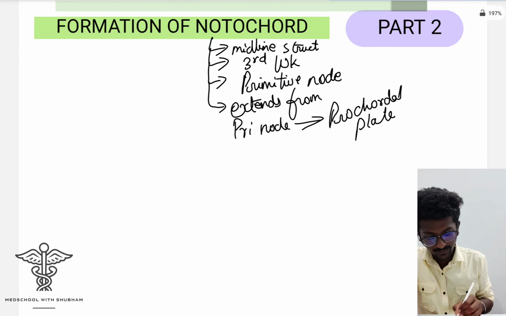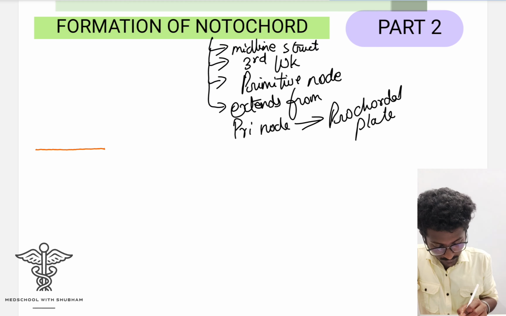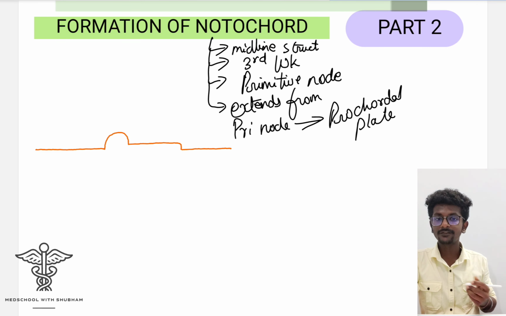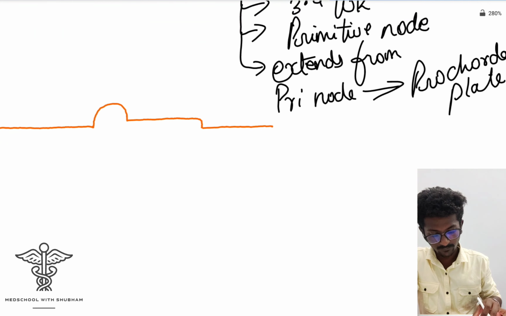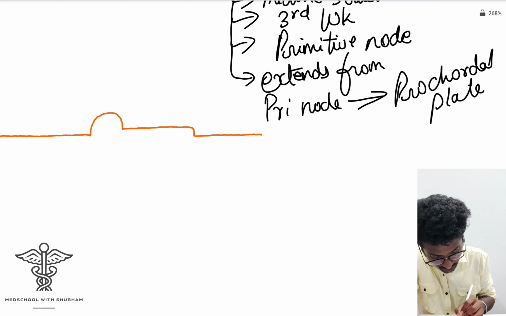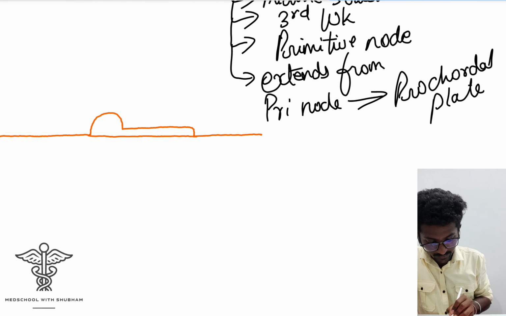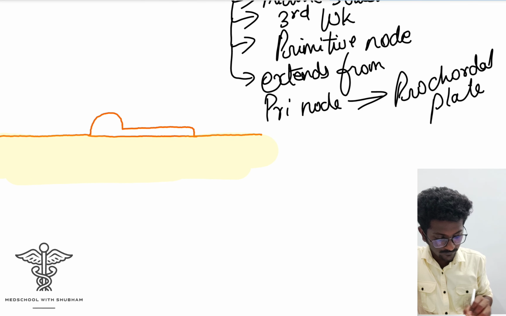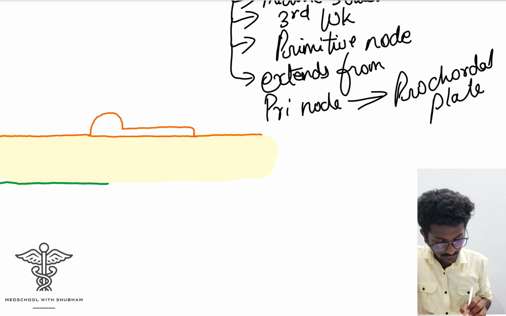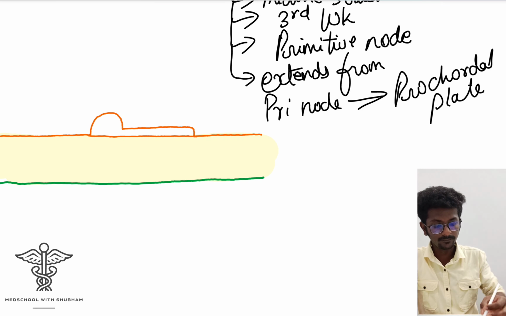So accordingly I will be making the diagrams. This is the definitive ectoderm. Then we have this primitive node. This is the primitive streak. Then beneath that we have this intraembryonic mesoderm, and beneath that we have this definitive endoderm.